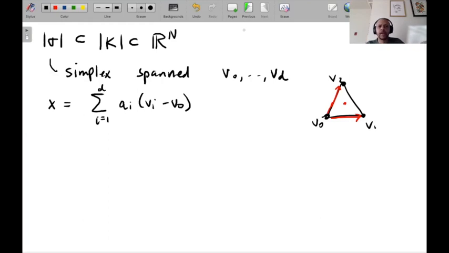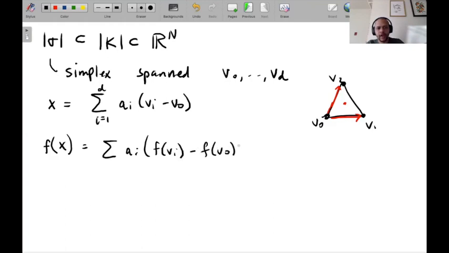Now, what this tells us, since f is linear on each simplex, is that f of x is equal to the sum of a_i (f of v_i minus f of v_0), because f is linear on sigma.